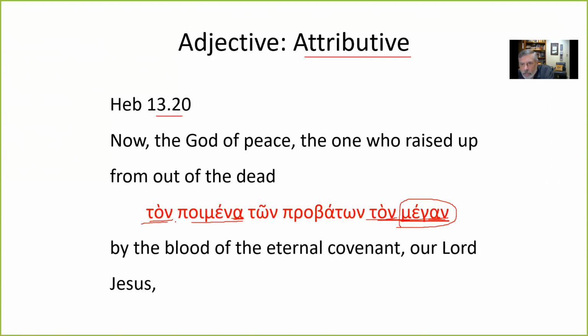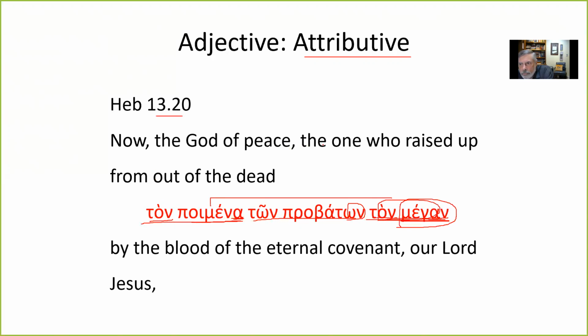And so we have here the shepherd, and this is the genitive, and notice the article is in agreement with the noun that it's modifying. Probaton, well, this is sheep, and it's a genitive plural, so we have the sheep being plural. Even though it's separated, ton megon is modifying ton poimena.